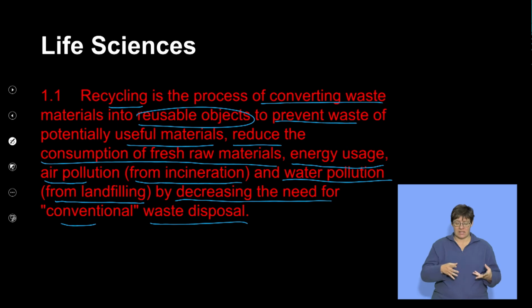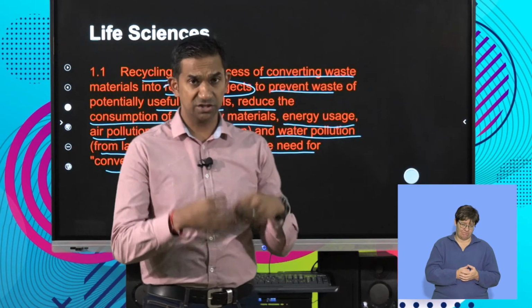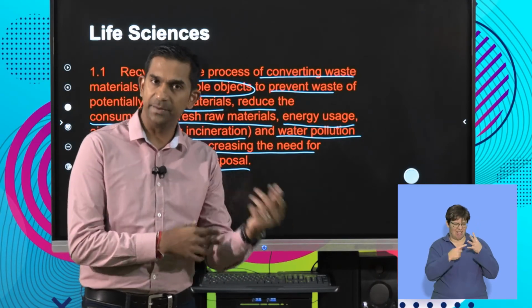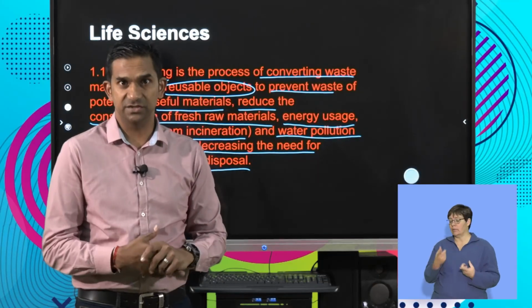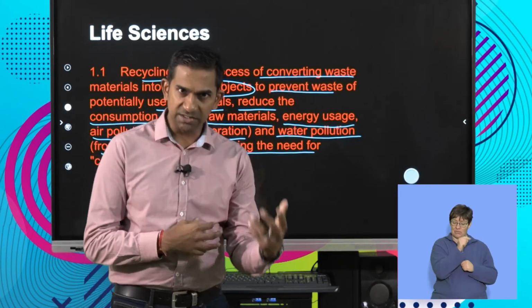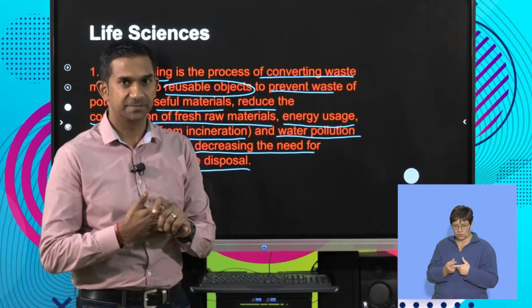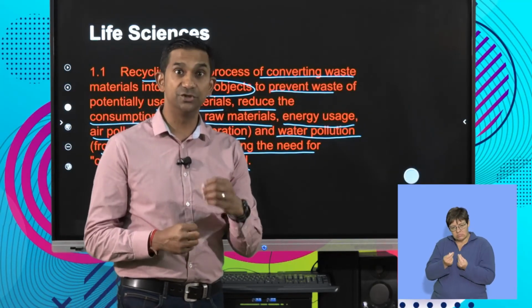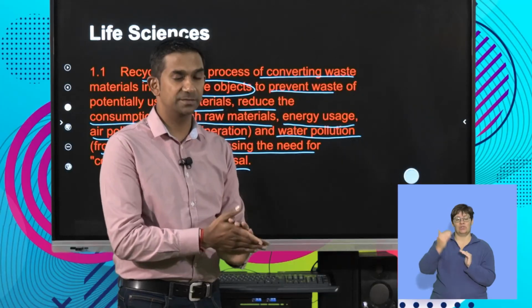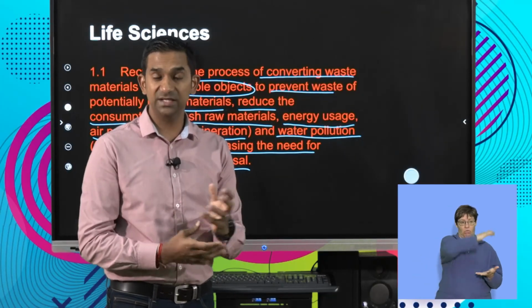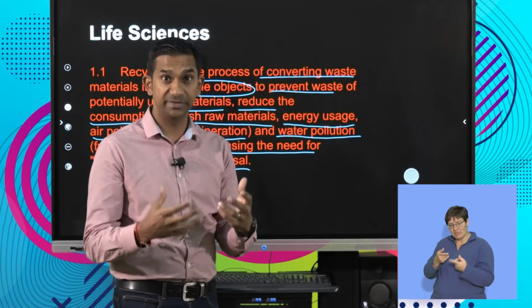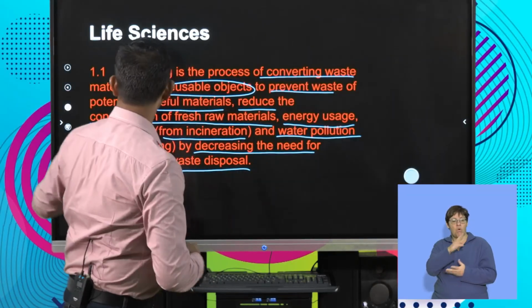So there are many ways in which recycling can happen. It's not simply just taking paper and repurposing it. Even in industries, bottles are recycled and repurposed, rubber is recycled and repurposed. That's all part of initiatives to reduce, one, the waste disposal, as well as to decrease the use of fresh raw materials by repurposing them.